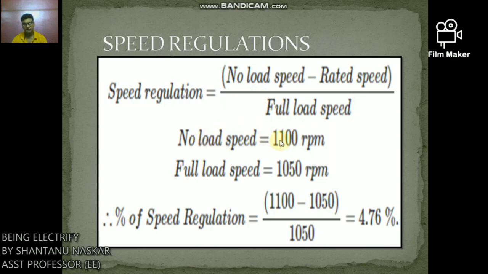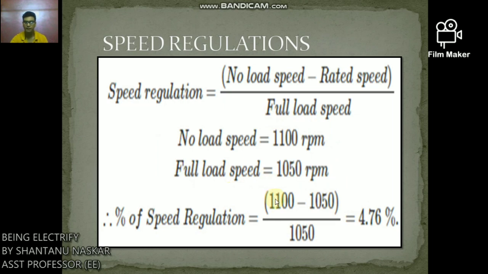If we take no load speed as 1100 rpm and full load speed as 1050 rpm, then percentage of speed regulation is (1100 minus 1050) by 1050 equals 4.76%. So the speed regulation is 4.76% here.